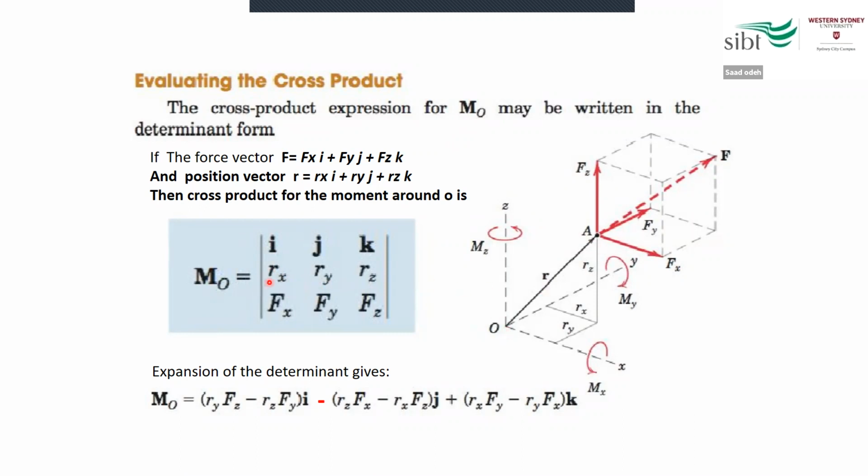You put the quantity r: rx for the i, ry for j, and rz for k. Same thing for the force. You put the values of each component, and then each axis, and then perform the cross product method similar to this equation to find out the moment around point O.